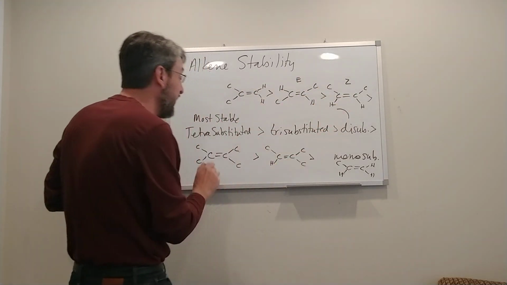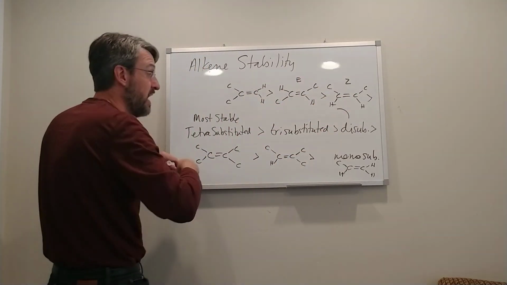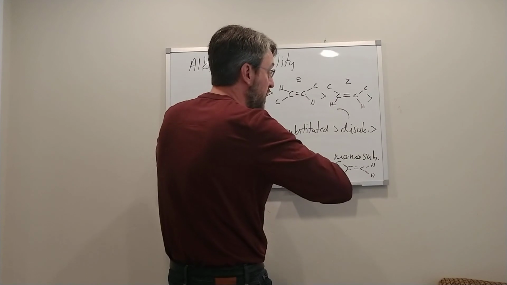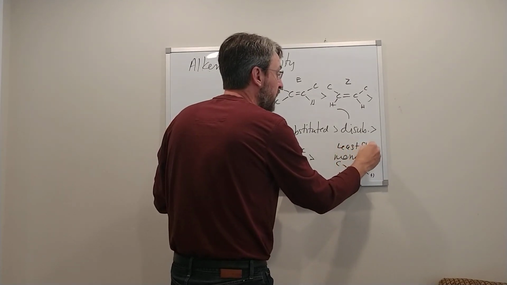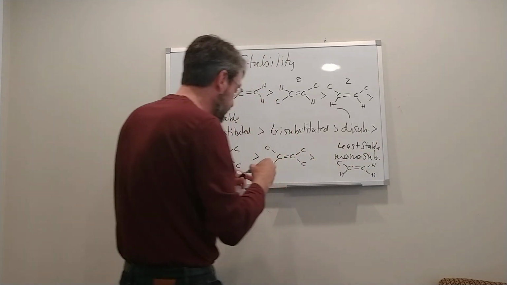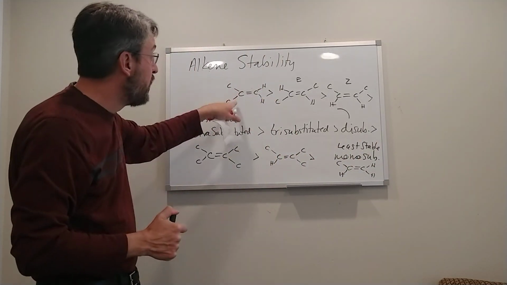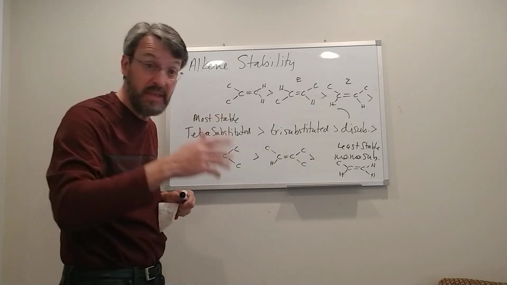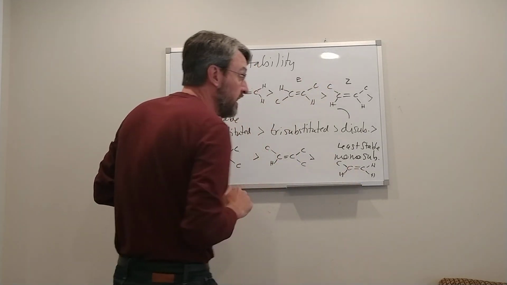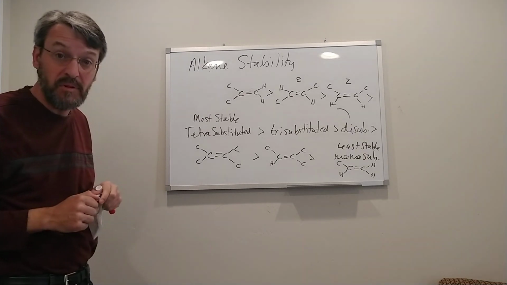So this stability, again, tetra-substituted most stable, and then mono-substituted over here is the least. Okay, and then tri-substituted, then the 3 different di-substituteds, those are not the same as each other, they go in that order, and then finally mono-substituted here is the least stable.